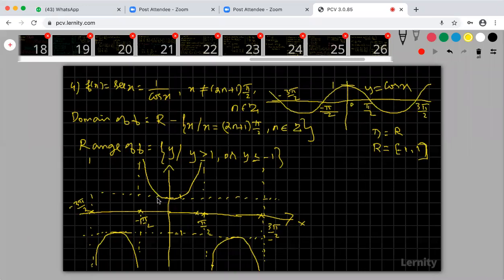Depending on the interval, between minus pi by 2 and plus pi by 2 we get more than 1, but from pi by 2 to 3 pi by 2 we get less than minus 1. Here also we get less than minus 1. For some intervals we get positive values, more than 1, and for others negative values, less than minus 1. So this is the graph of y is equal to secant x. Please note that we will go for tan x and cot x, and after that we will discuss some problems.